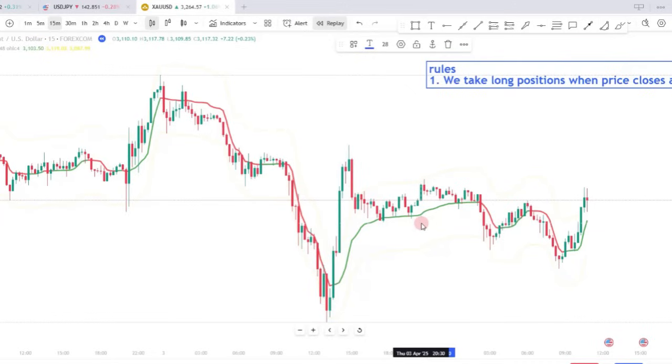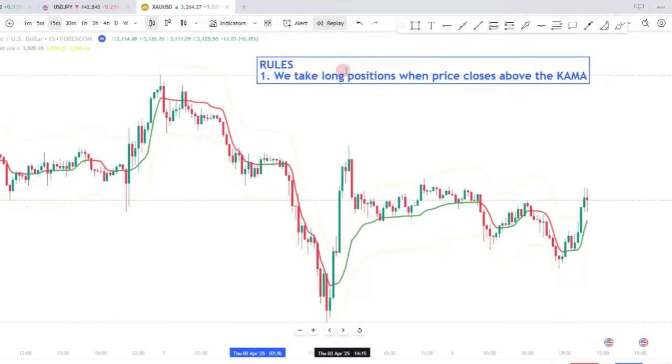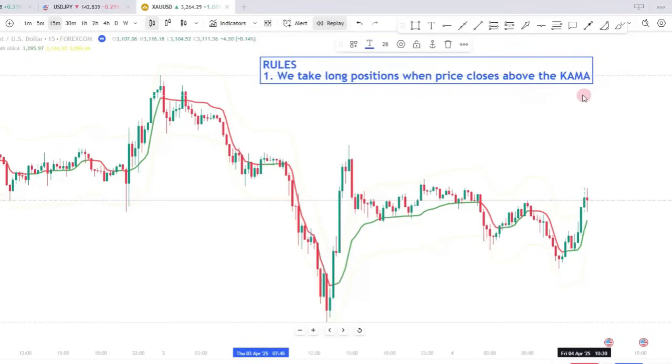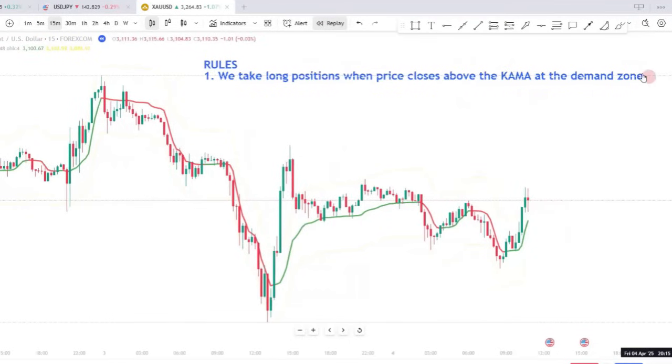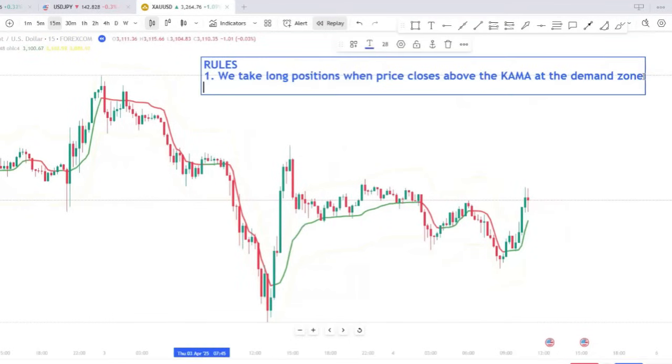The comma. And remember, this is literally when price is at your actual demand zone, right? At the demand zone, right?